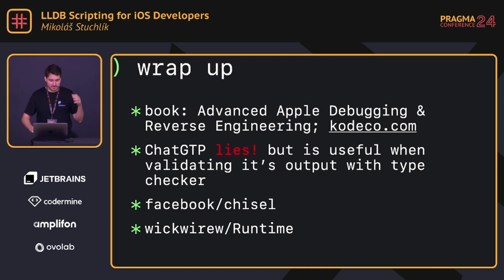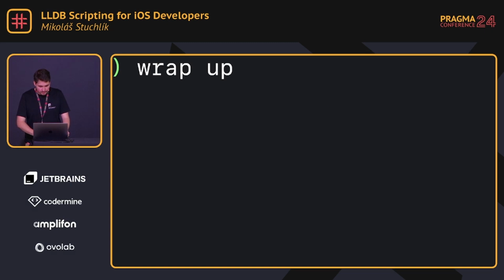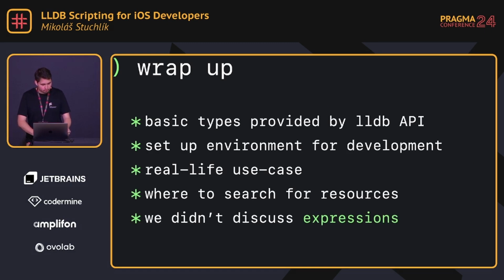And for more ideas on what you can do with Swift, check out this runtime package, which contains a lot of interesting hacks into the Swift runtime. So to summarize, I have described the basics of the LLDB API, set up a proper environment, demonstrated real-life usage, and told you where to search for resources.